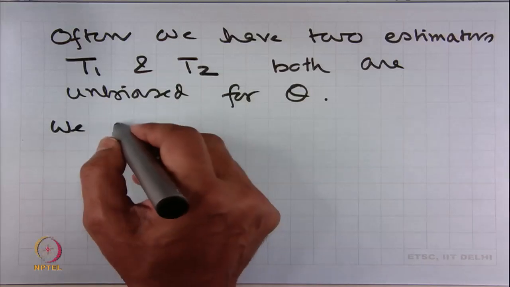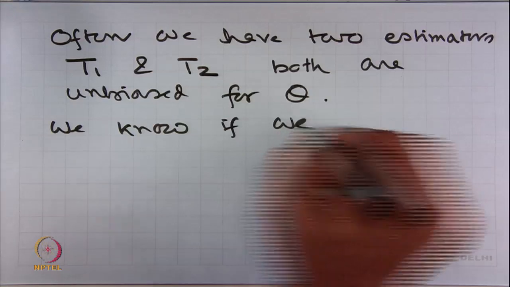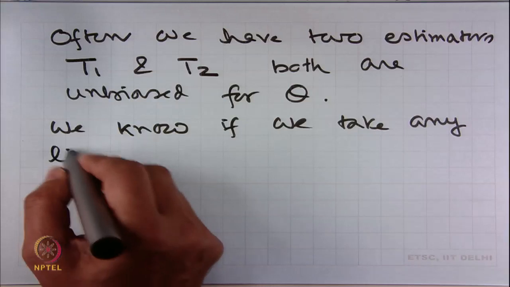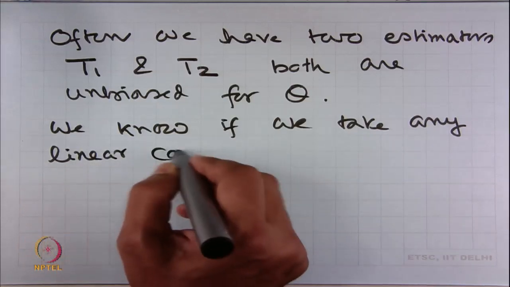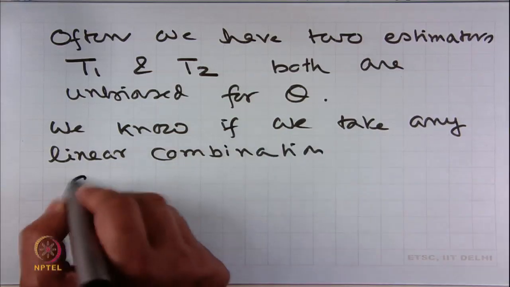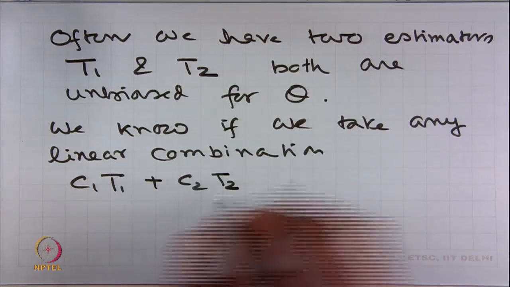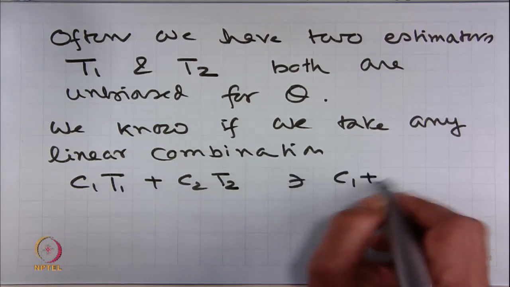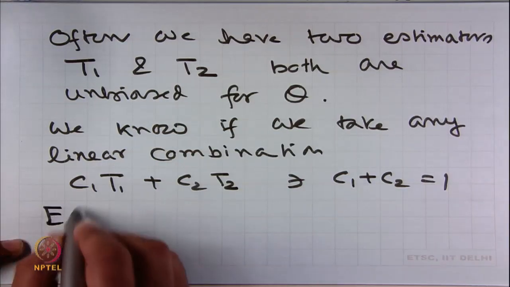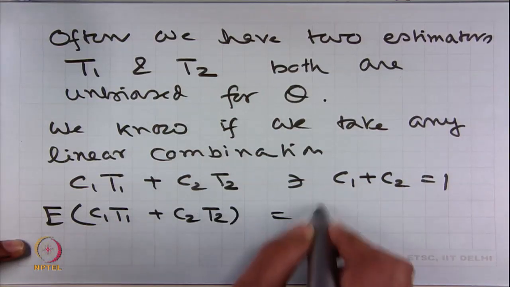We know if we take any linear combination C1 T1 plus C2 T2 such that C1 plus C2 is equal to 1, then expected value of C1 T1 plus C2 T2 is equal to theta.